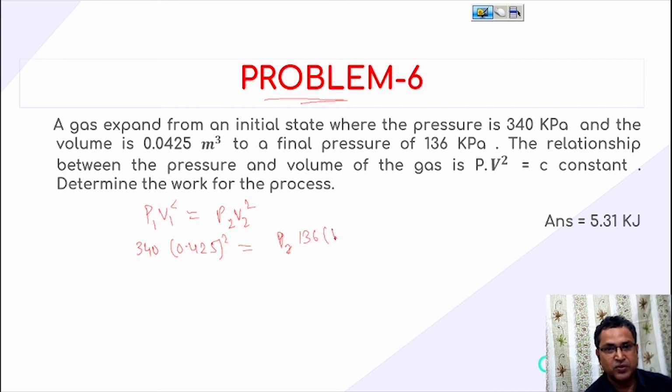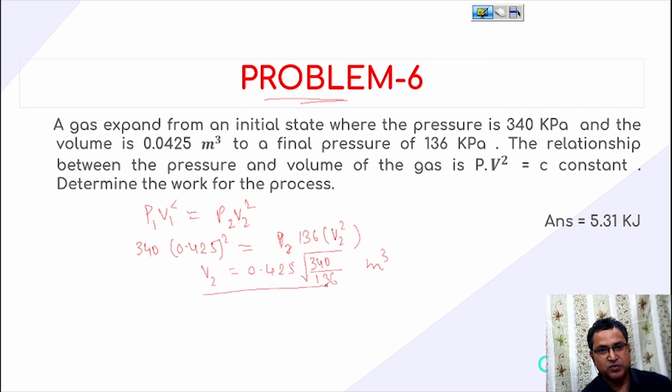V2 we don't know. So V2 comes out to be 0.0425 under root 340 by 136. This much of meter cube. This is the final volume, final pressure and final volume.